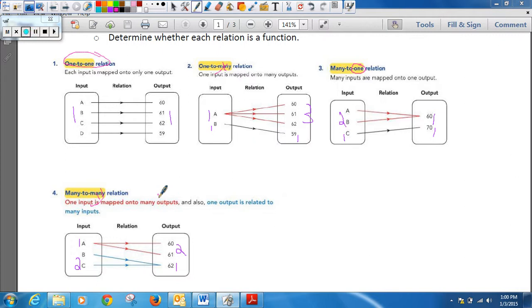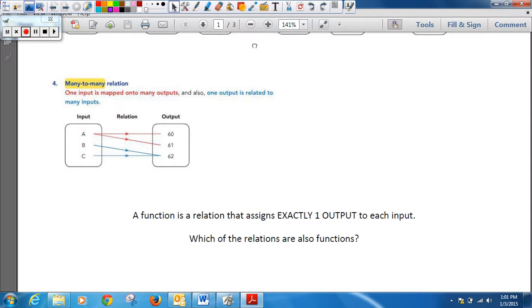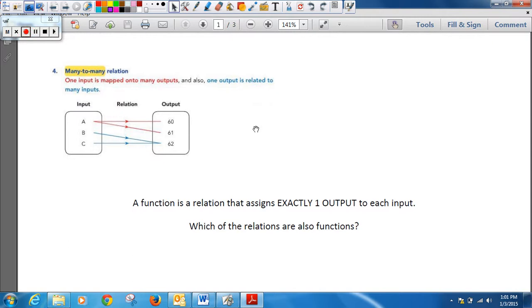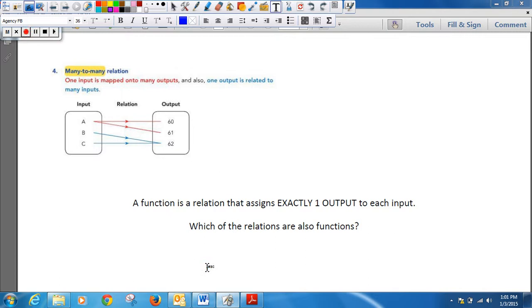Remember, all 4 of these are relations, but only 2 of them make a function because their outputs are 1. So a function is a relation that assigns exactly one output to each input. Which of the relations are also functions? Well, remember, to be a function, you have to have one output. So 1-to-1 and many-to-1 are also functions.